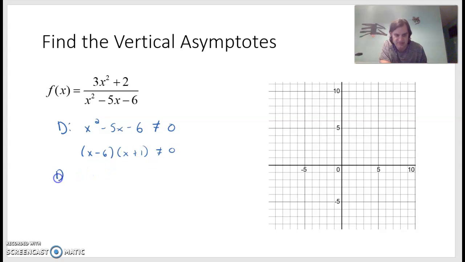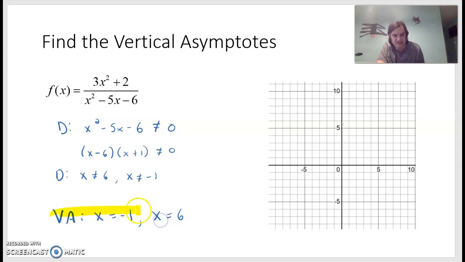So we get that the domain is x cannot be 6, x cannot be negative 1. Double check this before I go on. I think that's right, yes. So we'll say the vertical asymptotes are x equals negative 1, x equals 6, because these domain issues are the places that we will put the vertical asymptotes where it can get really extreme.